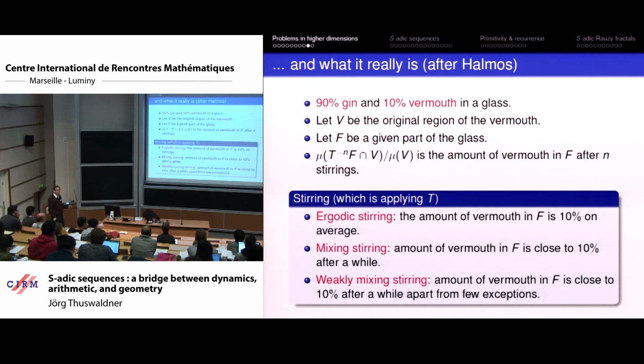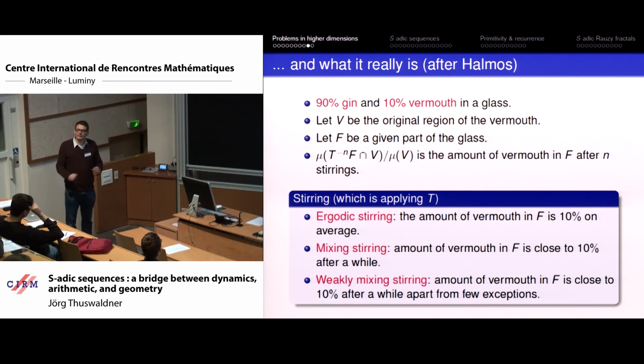There is the ergodic spoon. If you stir with an ergodic spoon, the amount of vermouth in this chosen region F is 10% on average, when you go on spooning. Mixing, if you have a mixing spoon, this is the best one, then the amount of vermouth in F becomes very close to 10% after a while, and it stays very close to 10%, getting even closer and closer.